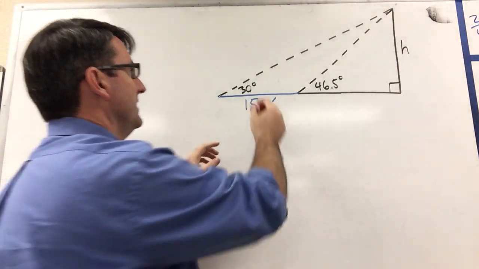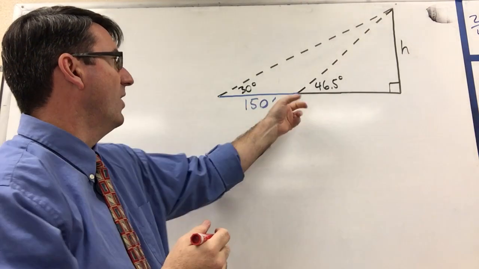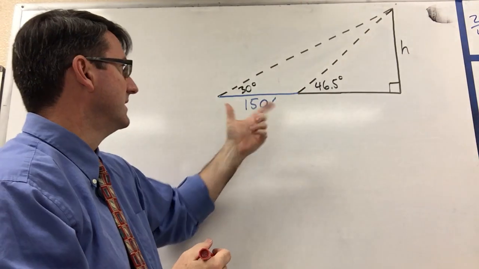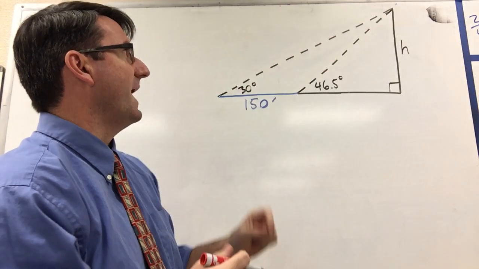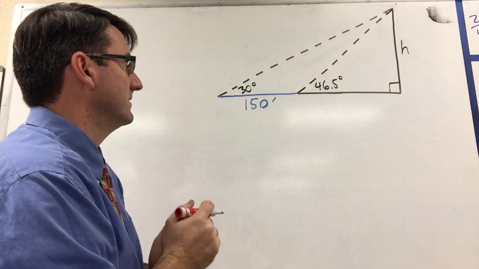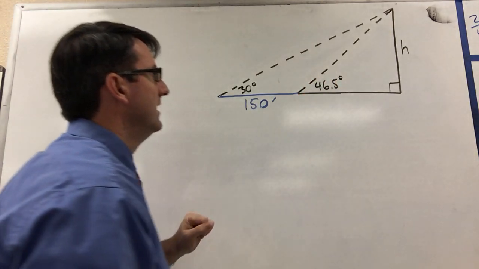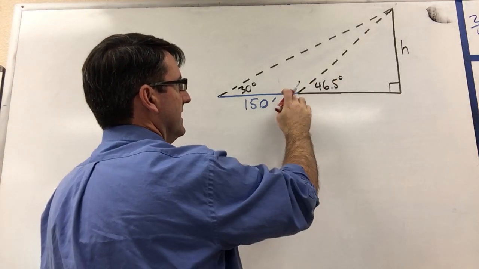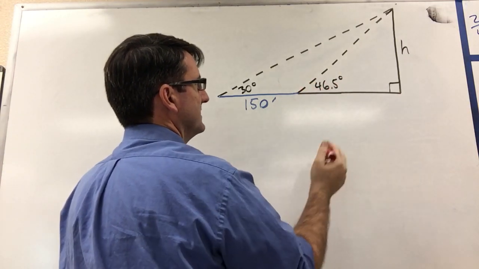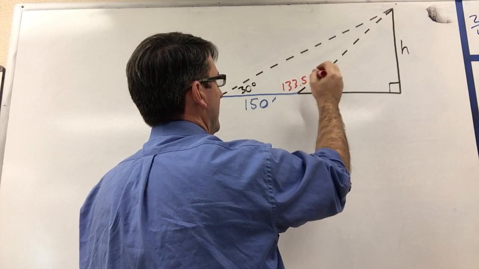To do that, we're going to use this triangle in here because we know one of the sides of that triangle. It's 150 feet. And we can also figure out the angles of that triangle because these angles here have got to add up to 180 degrees. So 180 minus 46.5 is 133.5.